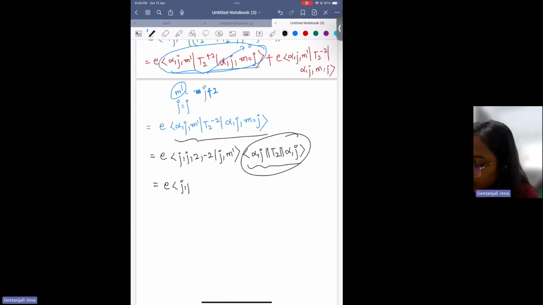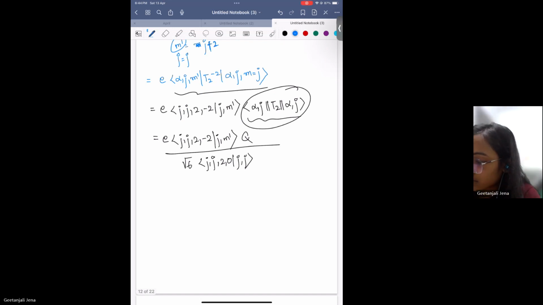So you will get J J 2 minus 2 J m prime, and here you will get Q divided by root 6, J J 2 0 J J.